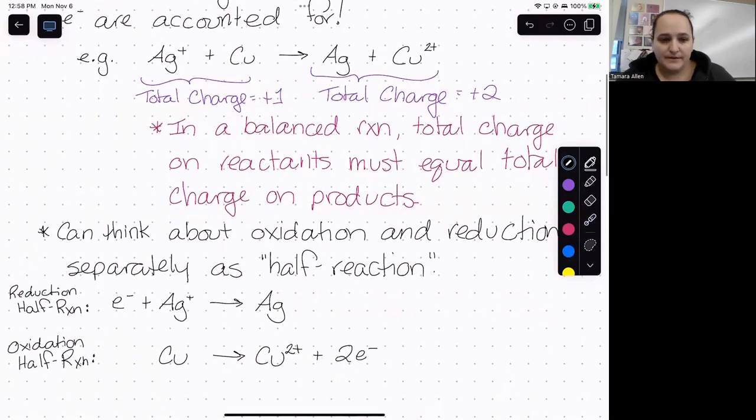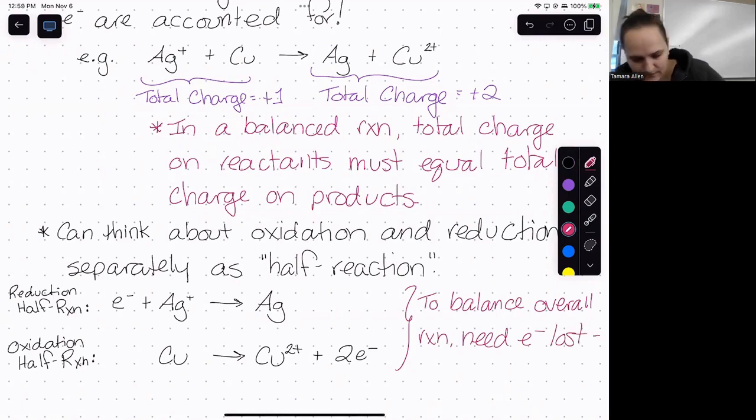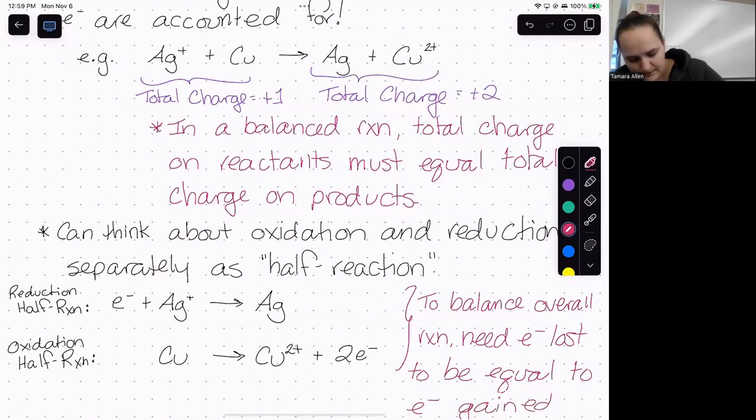So to balance our overall reaction, we need to make the number of electrons lost in our oxidation equal to electrons gained.